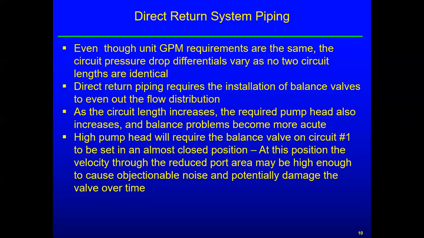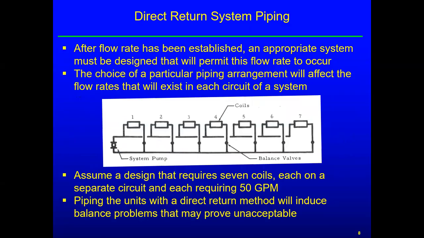That's reverse return. Let me see. Let's go back. This is direct return. I'm sorry. And so you see the supply piping is short. You come out of the unit to the return header, and it's just right by the pump. And so that's a very, very short circuit. If you compare and contrast that with number 7, the supply line is extremely long and the return line is extremely long.